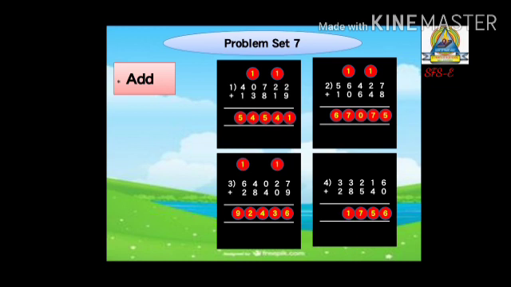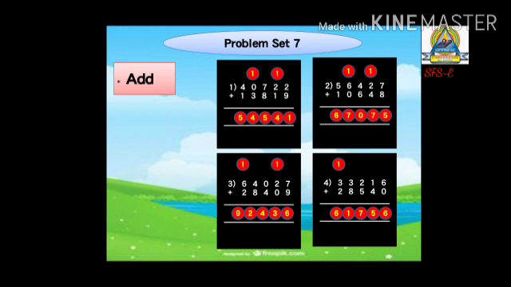Carry over 1. 1 plus 3 plus 2, 6. So your answer is 61,756. This is how you were solving sums last year.